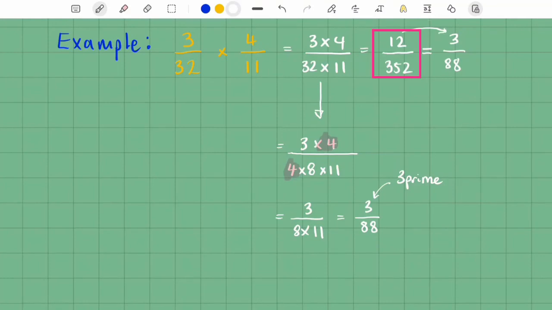So looking at the relationship between the numerators, I would have divided that by 4. So I could tell that 352 divided by 4 is 88. So try to cancel the fraction down first using factors, and when that's all done, you're simply multiplying the numerator and the denominator.